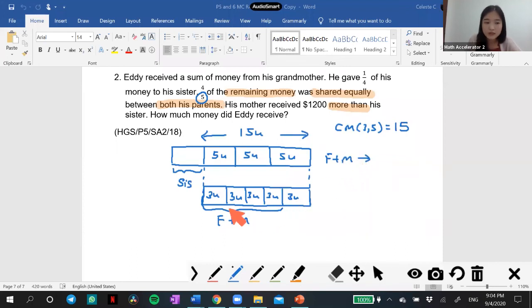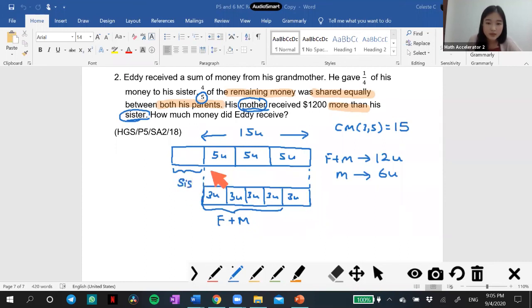Total how many units? 3 plus 3 plus 3 plus 3. 12. Remember, we're trying to get to the mother and the sister's units. So if the father and mother have 12 units shared equally, this must mean the mother has 6 units. Each of them has 6 units each.